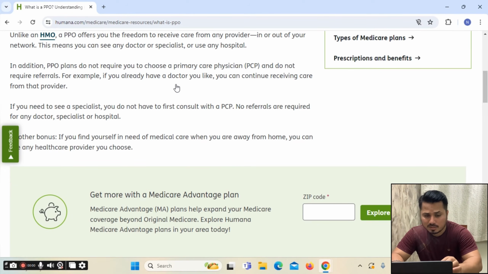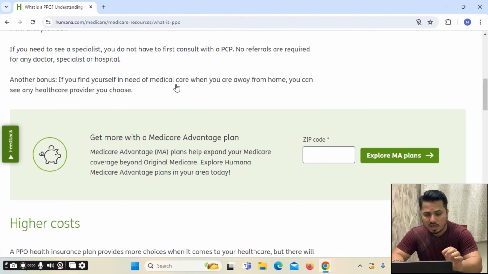Now, in addition, PPO plans do not require you to choose a primary care physician and do not require referrals. For example, if you already have a doctor you like, you can continue receiving care from that provider. If you need to see a specialist, you do not have to first consult with a PCP.